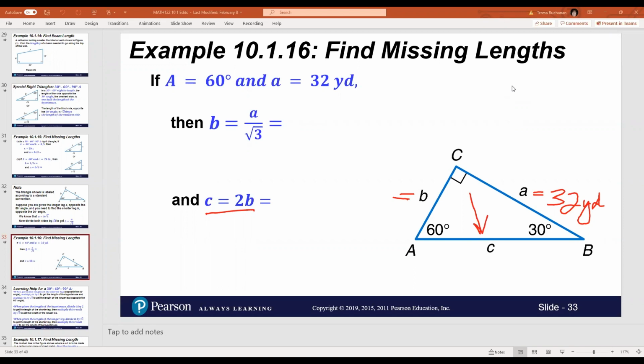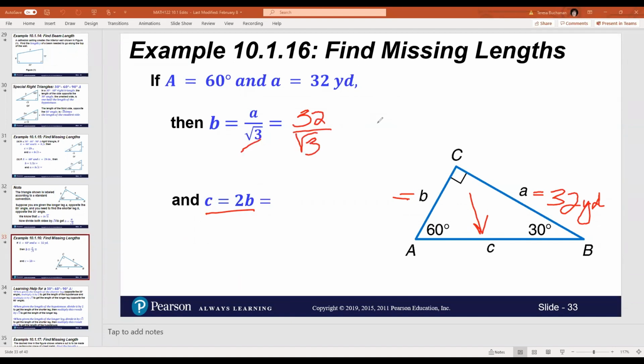But I don't know what the shortest side is yet, right? Because I got the A value, that's the longer of the two legs. The side opposite the 30 degrees will be the shortest side, and that is my B. Well, I can find my B if I know A. I can find my B in this case by dividing that 32 by square root of 3.